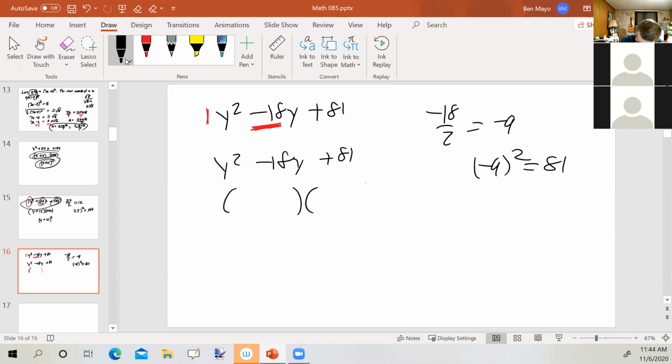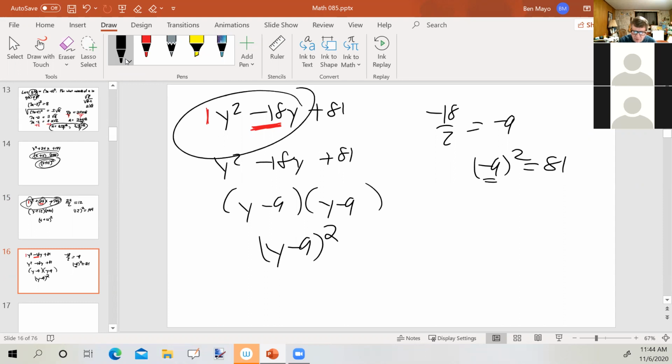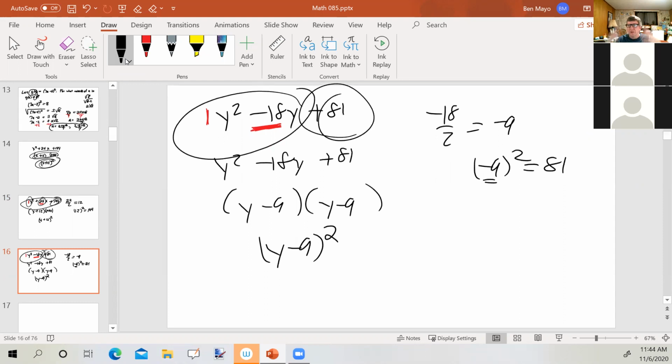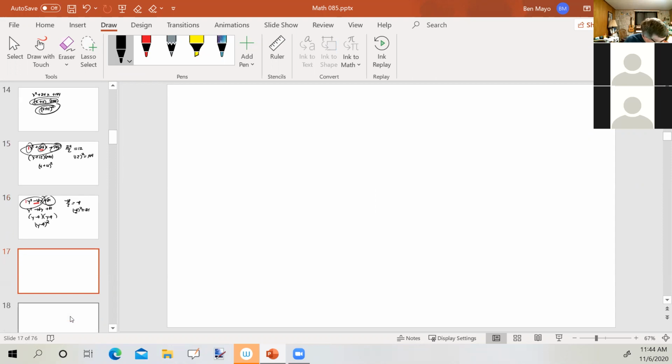And the factors are going to be y and then whatever that number is that I squared: y minus 9 times y minus 9. You see what I'm doing there? Taking 2 terms, figuring out what to add to turn it into a perfect square. Any questions? No. All right, we'll keep going.